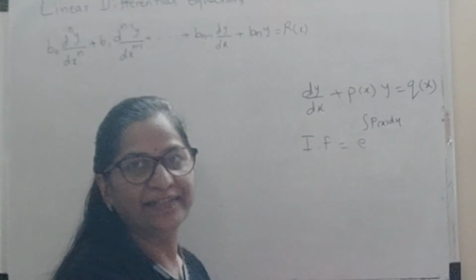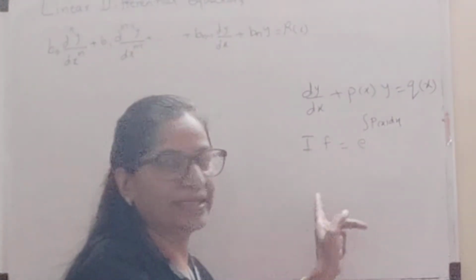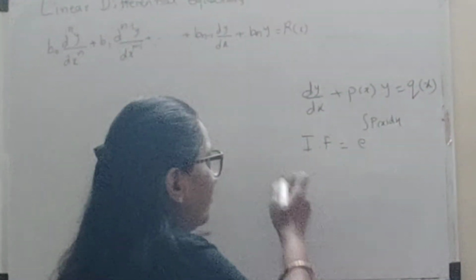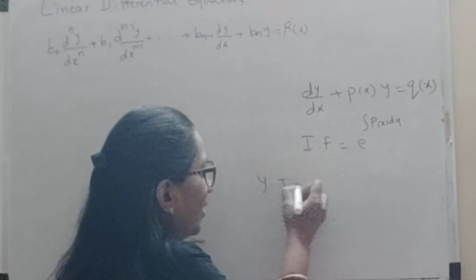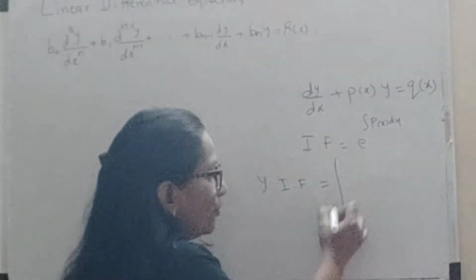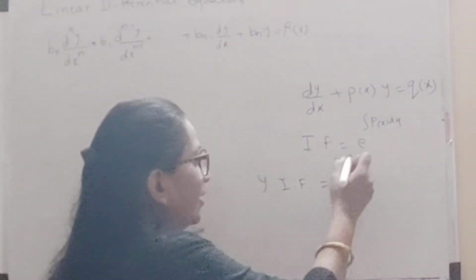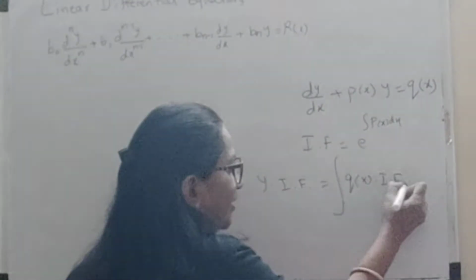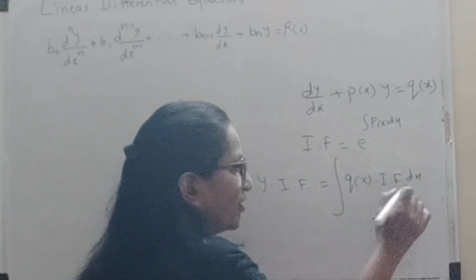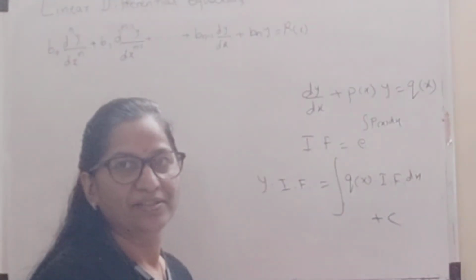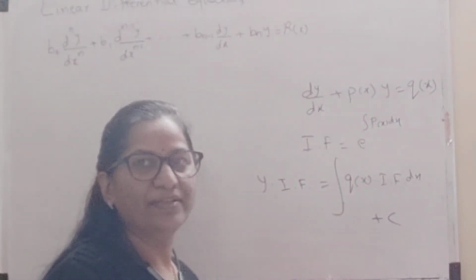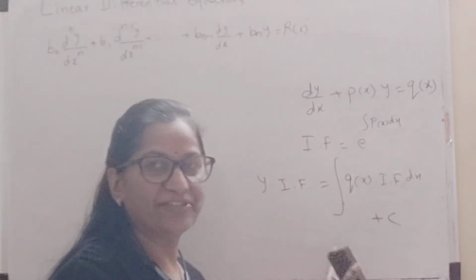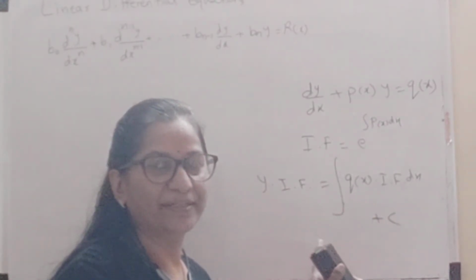We try to find this integrating factor, and then the solution is given by y into IF is equal to integration of q of x, which is on the RHS, into IF into dx, plus constant of integration. In this way, we can solve this linear differential equation of first order and first degree.